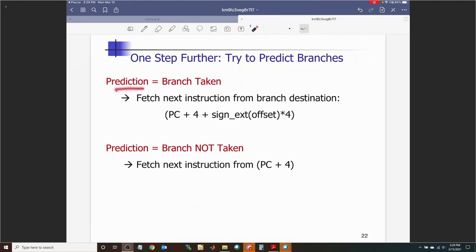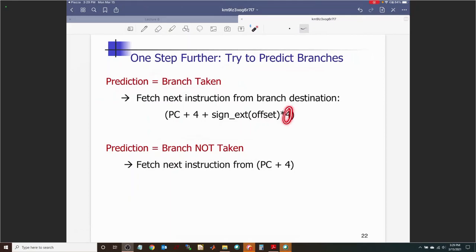So prediction, again, where you can predict two things. One is branch is going to be taken or branch is not going to be taken. If branch is taken, then your program counter will be updated to PC plus 4 plus sign extended offset multiplied by 4.